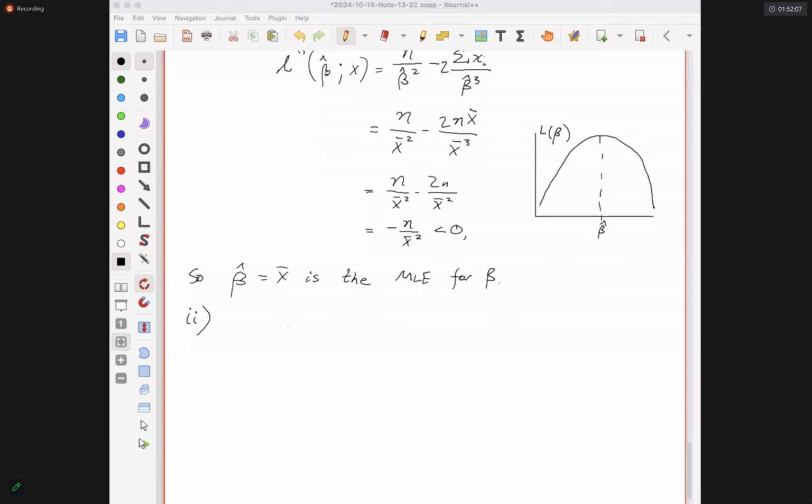So a natural thing to do first is to find the expectation of beta hat. And so what can we say about that expectation?